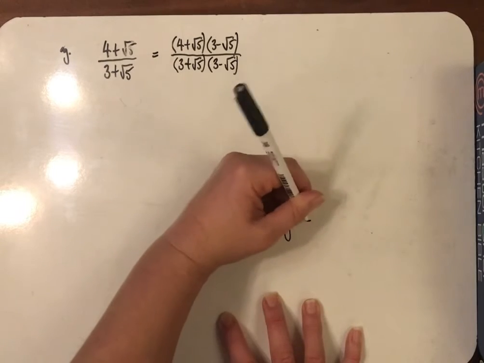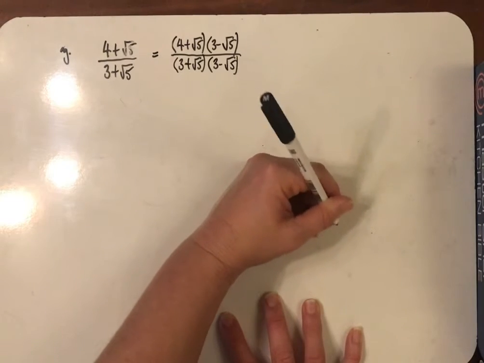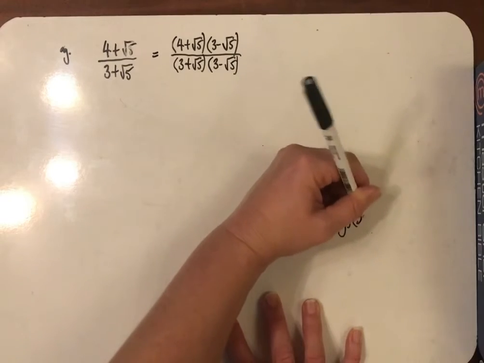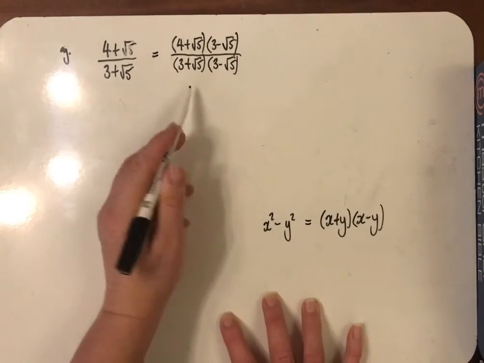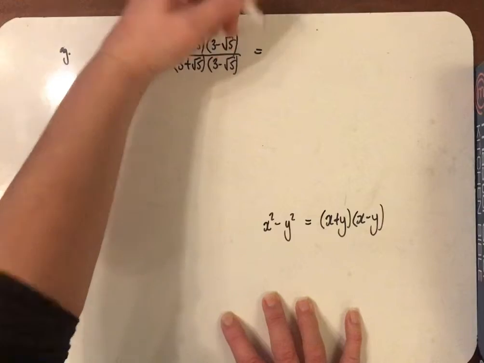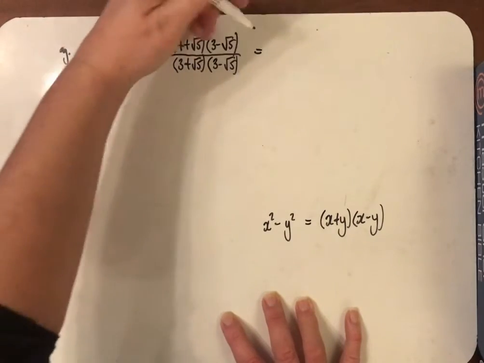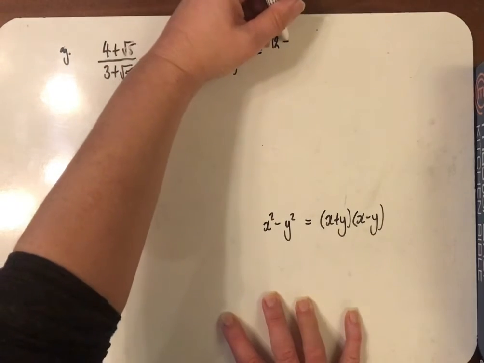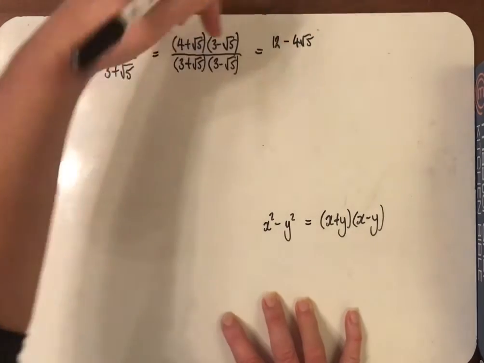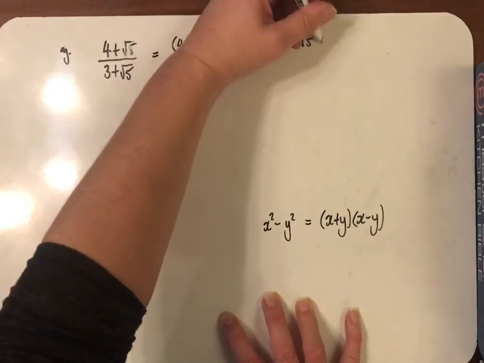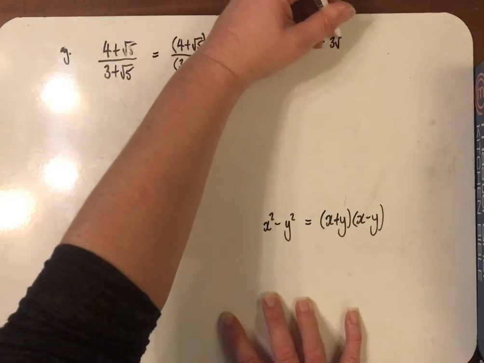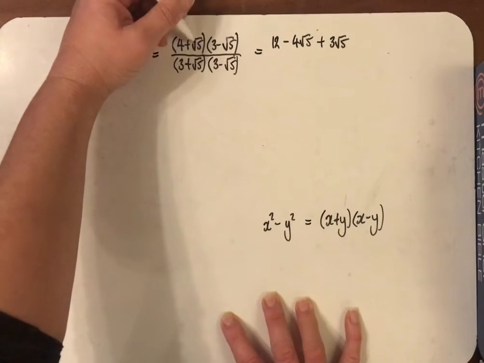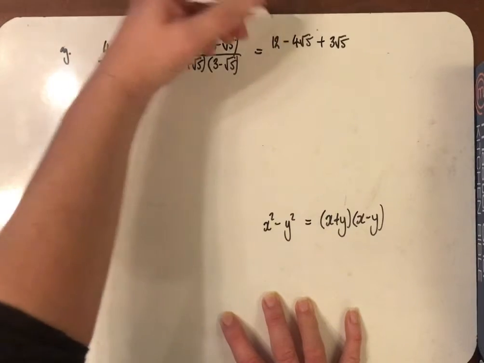So x squared minus y squared is equal to x plus y, x minus y. So when we multiply this out, the top I've got 12 minus 4 root 5 plus 3 root 5 minus 5. It's root 5 times minus root 5.